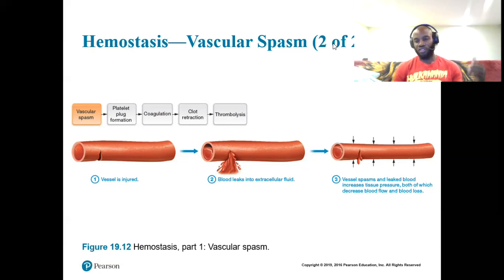But think of a water hose. If you start to bend the hose somewhere along the hose, there's less pressure down the hose from the bend. There's going to be less pressure on that water. It's going to come out slower, and less water is going to come out.